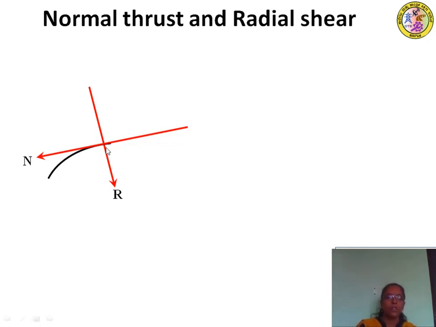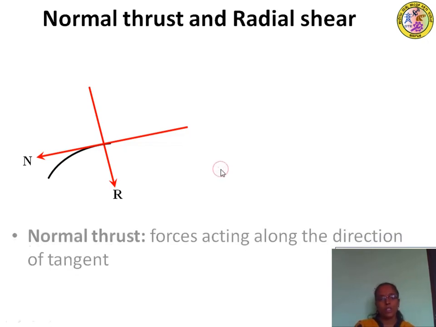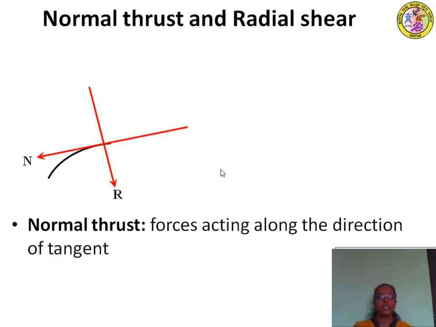So at this point we have to find, what do you mean by the normal thrust? It means the forces acting along the direction of the tangent drawn at any point on the rib of the arch, or at any section of the arch.